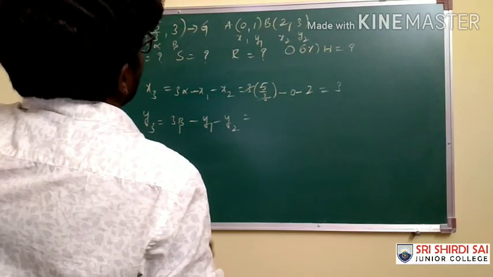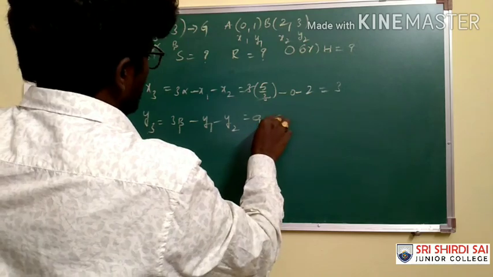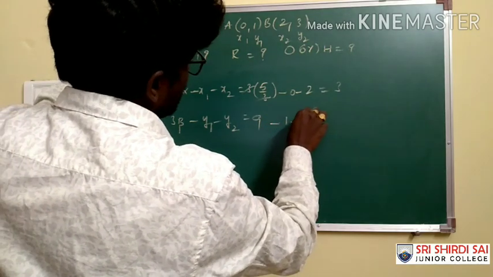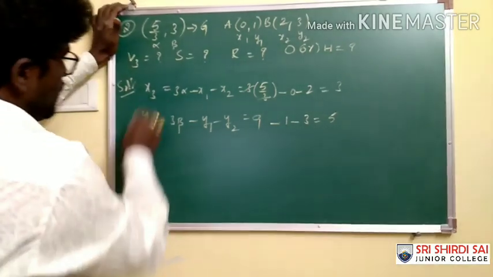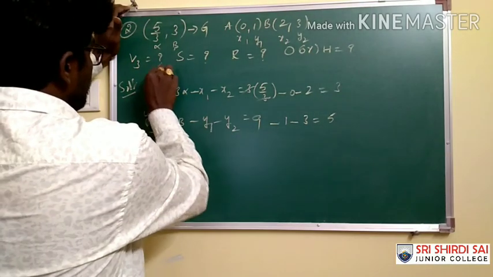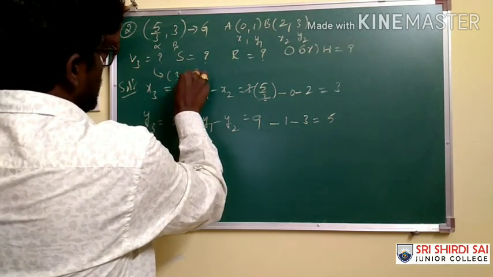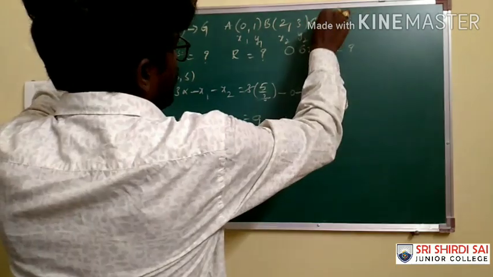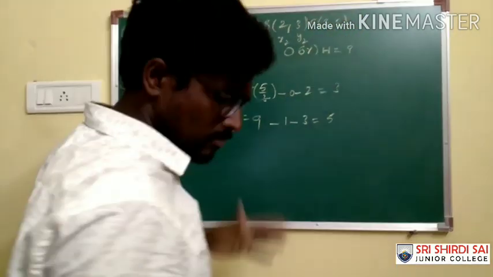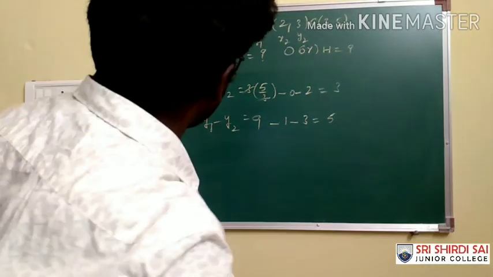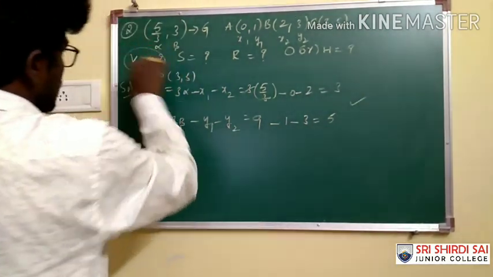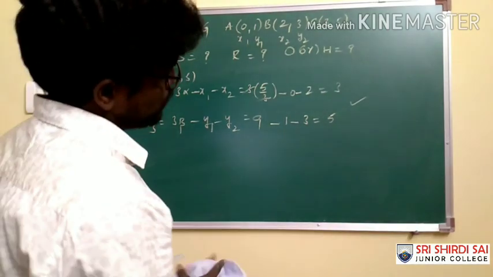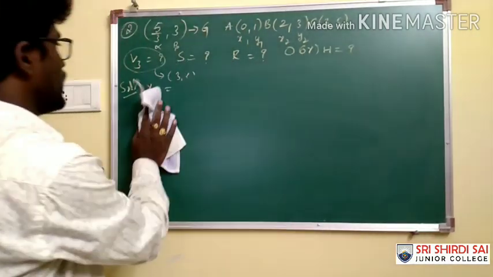What is 3 beta? 3 into 3, 9, minus y1 minus 1, minus 3. 9 minus 4 will give us 5. Therefore, x3 and y3 is 3 comma 5. So what is vertex 3? 3 comma 5. So I am treating that vertex as C. This will help us to calculate now the circumcenter. The first part is completed. What is vertex 3? 3 comma 5.